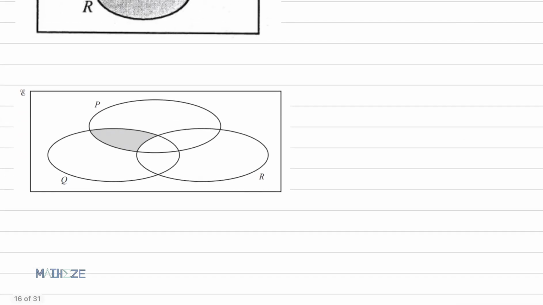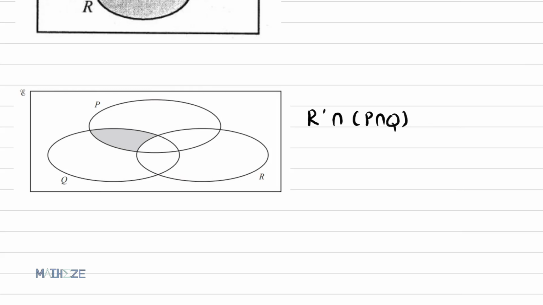This is the last question we'll be doing. I can see it's everything outside R, so R complement intersection P intersection Q, because the shaded region is in the middle of P and Q, but it's outside R. Let's recheck. How will you recheck, guys?